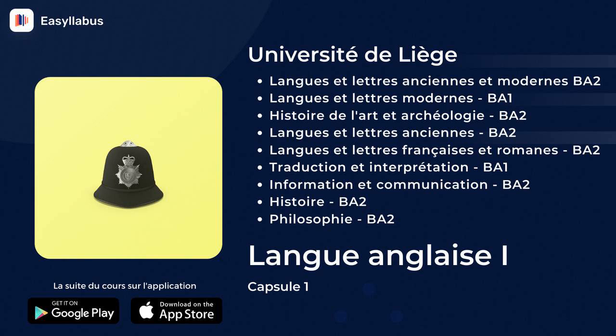Monotransitive clause, subject plus verb plus direct object. Ditransitive clause, subject plus verb plus indirect object plus direct object. And finally, complex transitive clause, subject plus verb plus direct object plus object complement or adverbial.